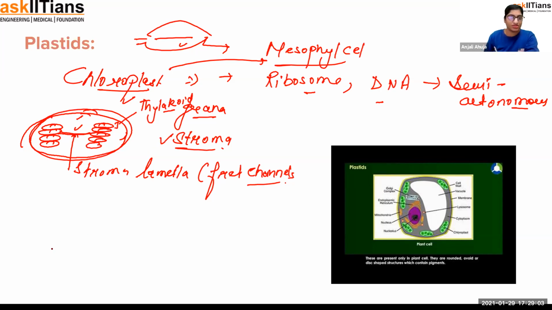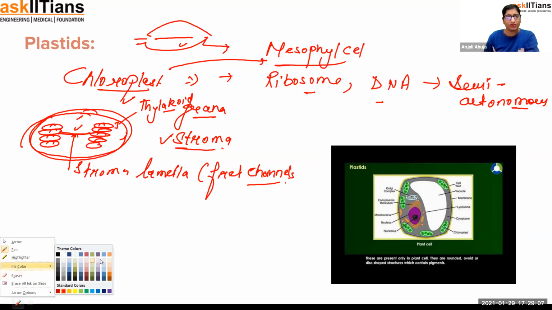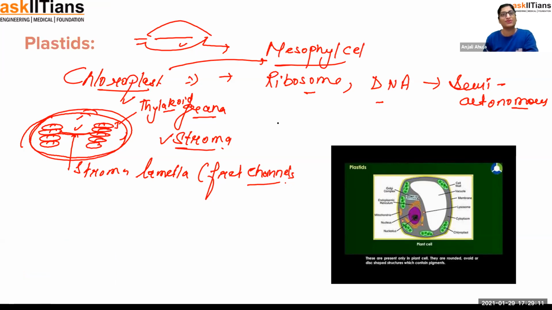Now, add-on information. If you have ever learned about photosynthesis, photosynthesis is the reaction which helps in making food for the plant. Photosynthesis happens in two steps, light reaction and dark reaction. Now, in the light reaction, oxygen is formed.